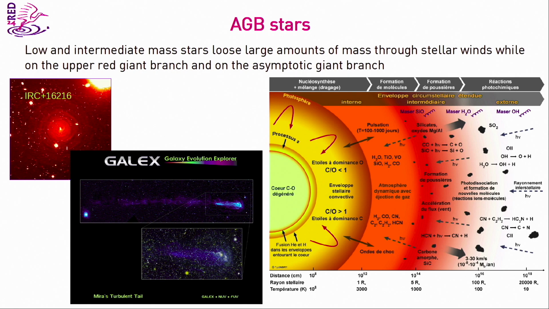So these AGB stars are very important because you have a continuum between nuclear physics here, then matter being brought by the dredge up to the surface, and this matter being lost to the interstellar medium, where you have enough seeds to build complex molecules.